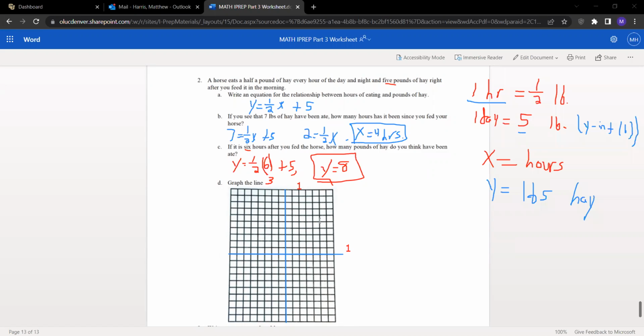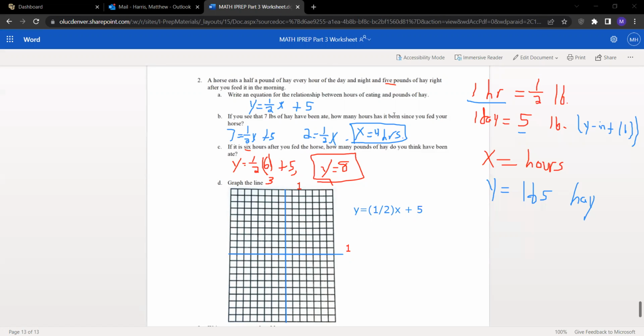Every one block left or right is also a value of 1. Then we just graph some stuff, right? So we have y is equal to 1/2 of x plus 5.